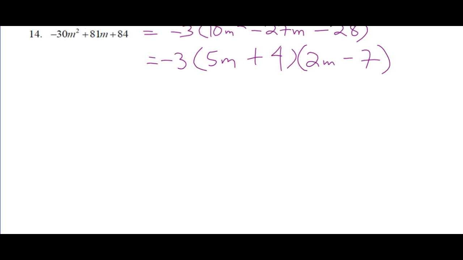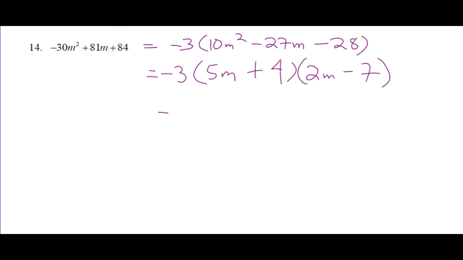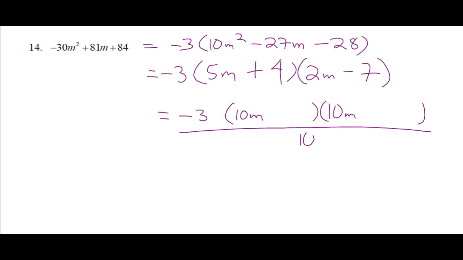Over the rainbow is going to be a little painful, but don't forget the negative 3, right? It's still there as a factor. Okay, so I got negative 3, and I'm going to do over the rainbow, so 10m, 10m, and a 10. Okay, two numbers that multiply to 280 and differ by 27.